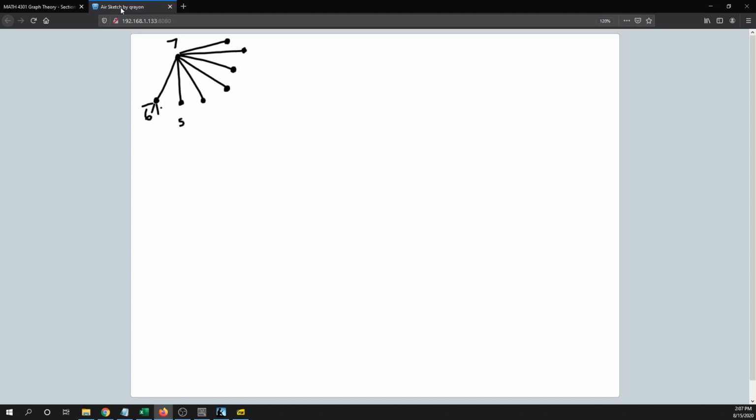This might be the one with 5, so there's other edges coming out of it. So this one might be the one with 4, so there's some other edges coming out of it. This one, right, might be the one with 3. This one might be the one with 2, right? And this might be the one with 1, but that leaves 0, right?